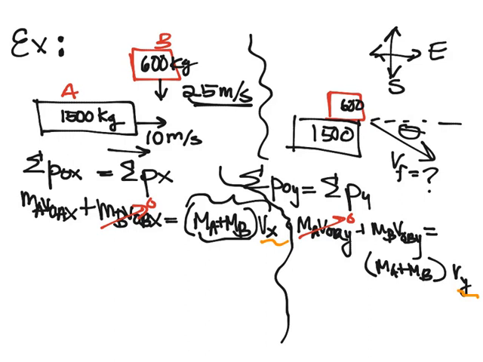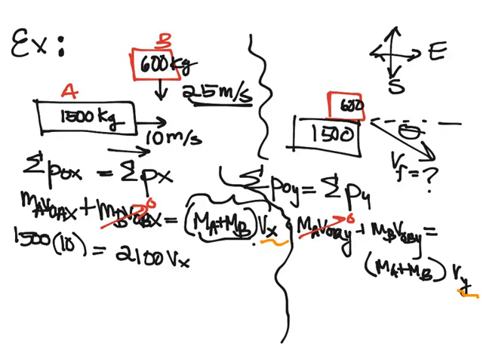I'm going to put in what I know. MA is 1500, V naught AX is 10, and that is equal to my combined masses, so 1500 plus 600 is 2100 times Vx.